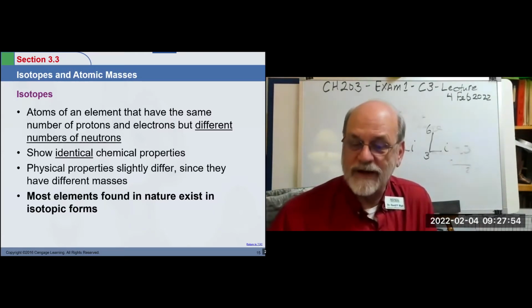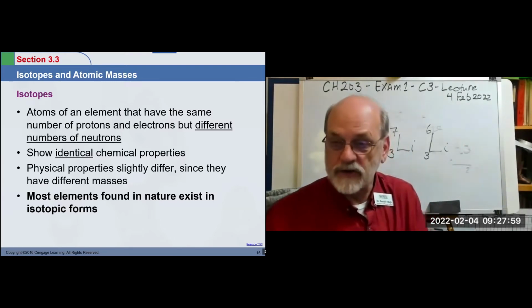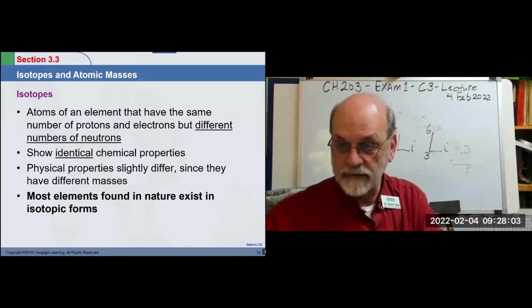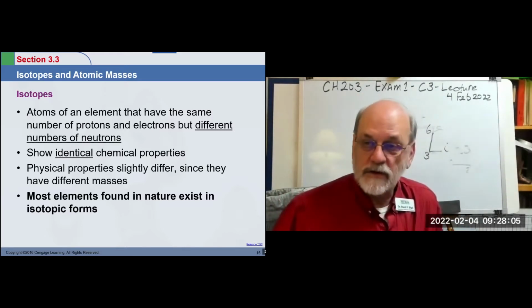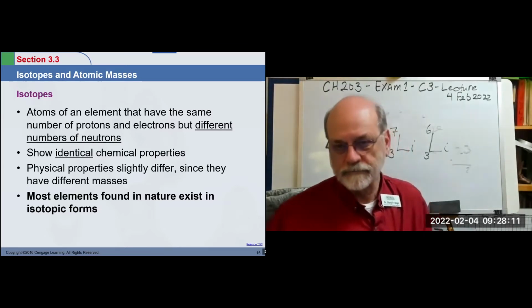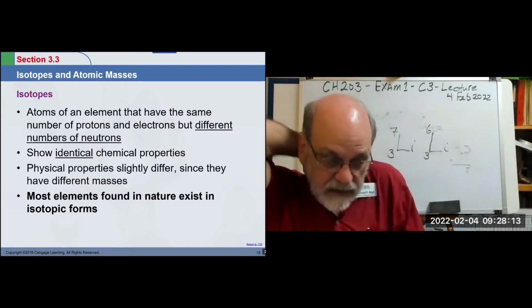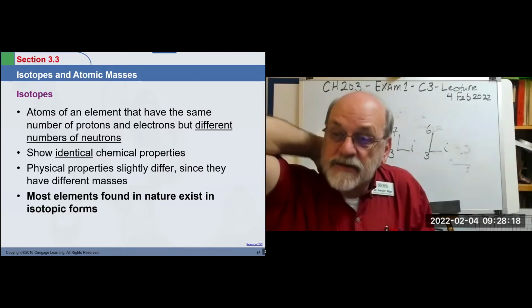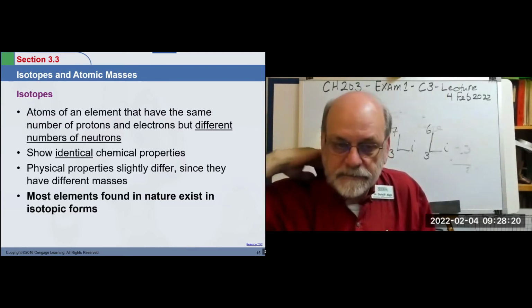So when we separate isotopes, when we need to determine what is the percentage of the mixture of different isotopes, we use physical means of separating. And the most common way is called a mass spectrometer. It separates based upon the mass of individual atoms.